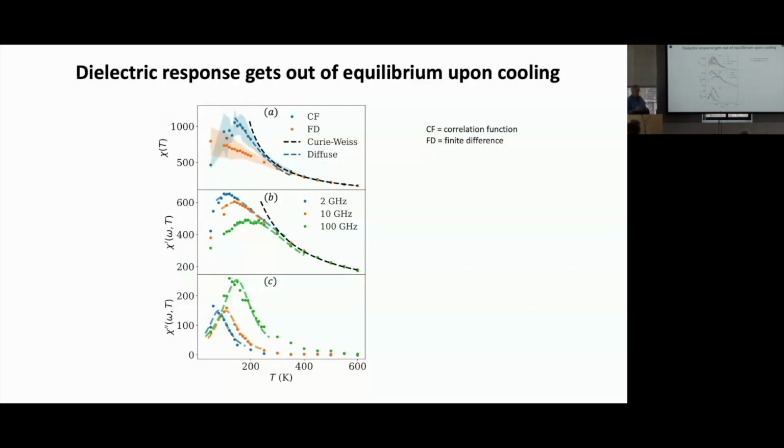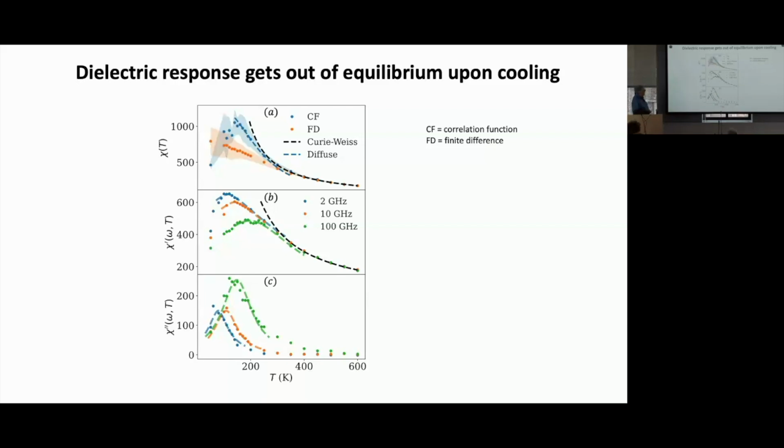We can study the static and also the dynamic response, the real and imaginary parts of the susceptibility. We have to use frequencies that are higher than in experiment because of the size of the simulation, but still we get qualitatively the effect that is observed in experiment.